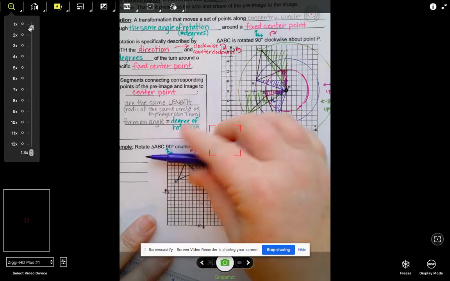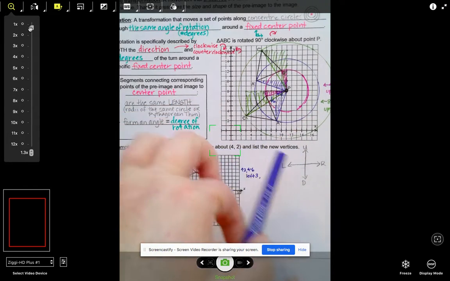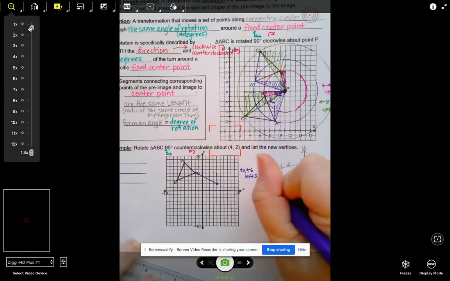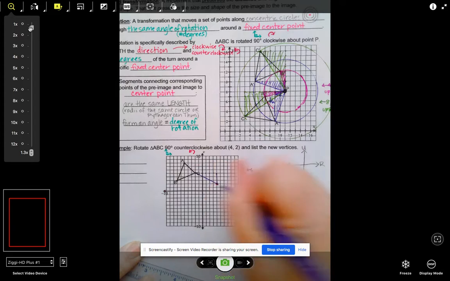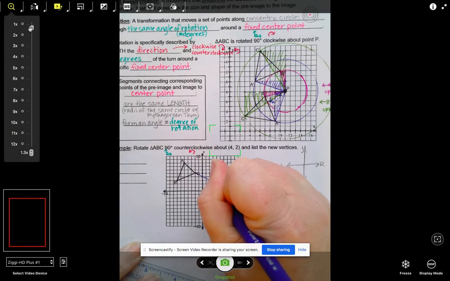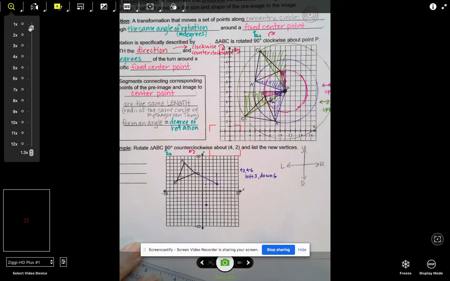Okay, and my left 6, when I rotate 90 degrees, is going to turn into down 6. Okay, so from here, left 3, 1, 2, 3, down 6. 1, 2, 3, 4, 5, 6. Here's my new point. Okay, that is my C prime.